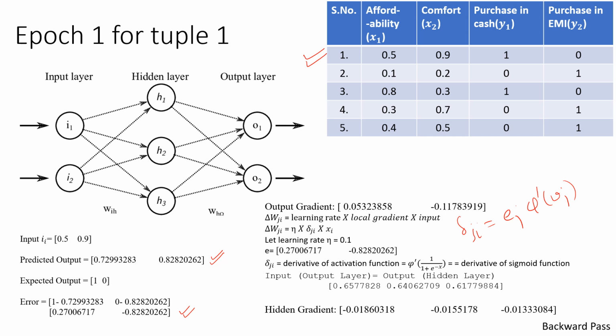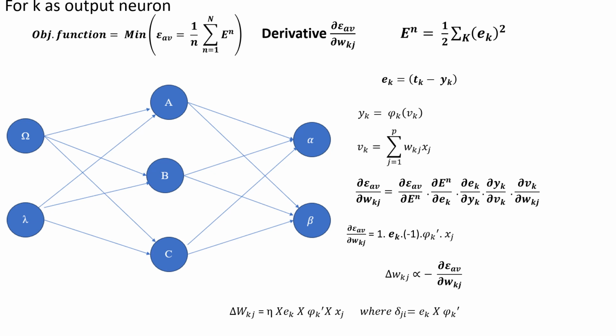I tell you in this video how this derivative of the sigmoid is calculated. Using this formula I calculate the local gradient, which is multiplied with the learning rate and input. This gives me the change in weight. Once we have the change in weight, I can calculate the new weights. So let's go for the derivation first.